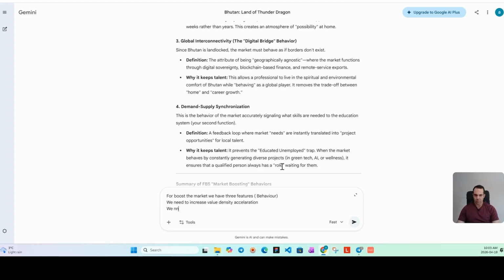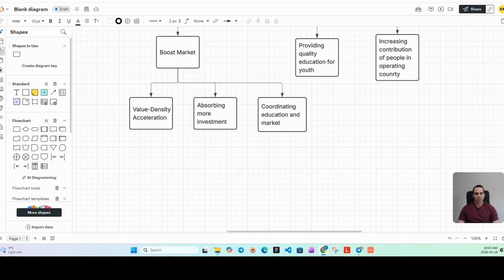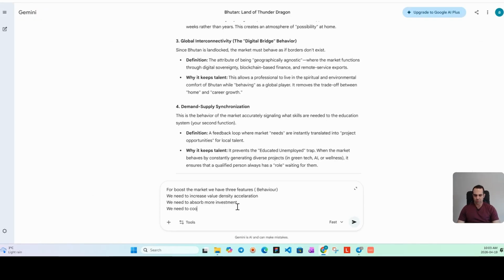We need to absorb more investment. We need to coordinate education and market.